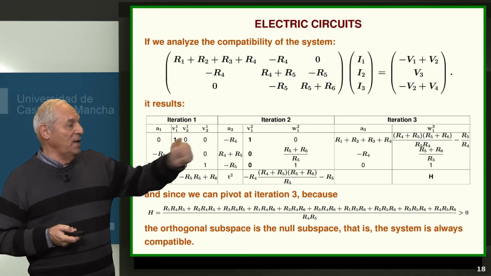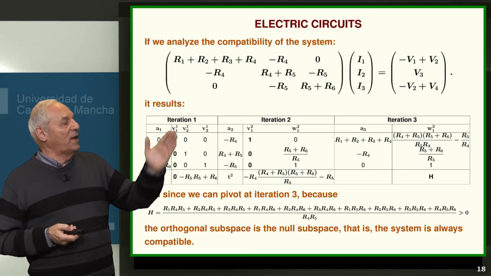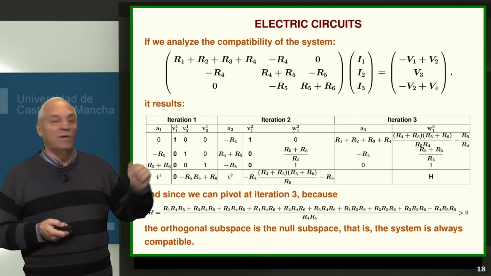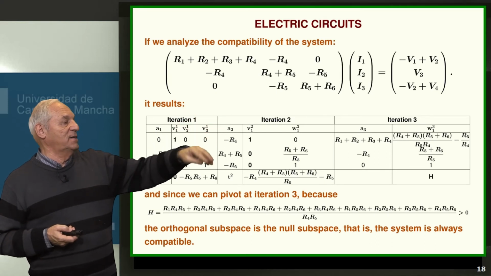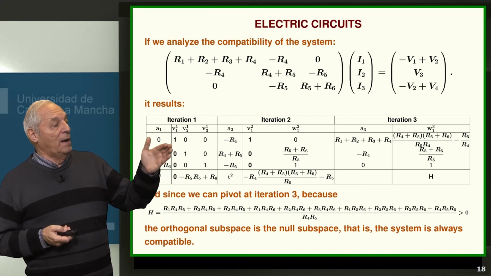We enter it, calculate the scalar products and we pivot. We enter the second column, which is minus R4, R4 plus R5, minus R5, and we pivot, and enter the third column, which is the most complicated one, which in this case is the first column.